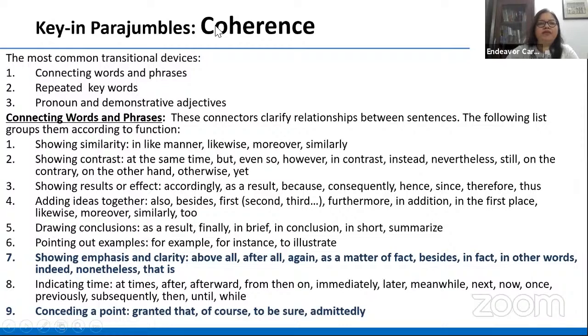Okay, so if I have a particular word connecting me with the next line, then I know that the word clarifies a certain relationship between sentences. For example, words that establish similarity between two sentences: likewise, moreover, similarly, a common one, we know this.